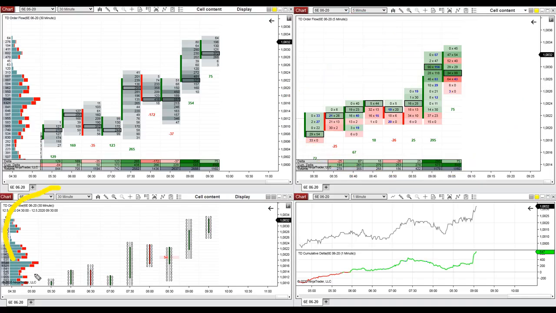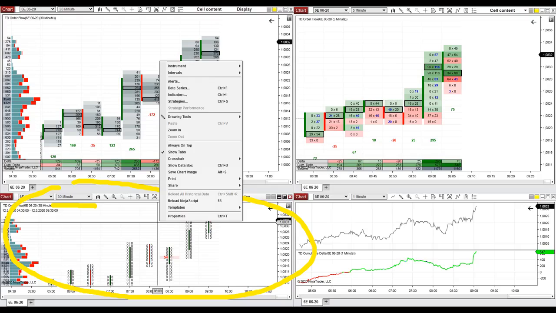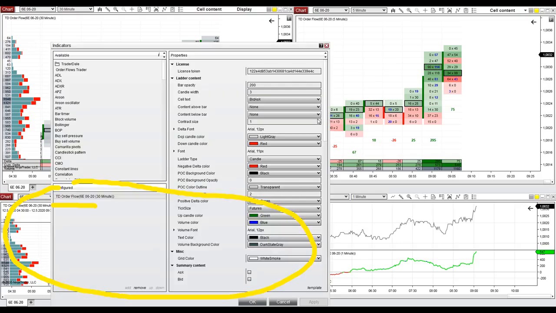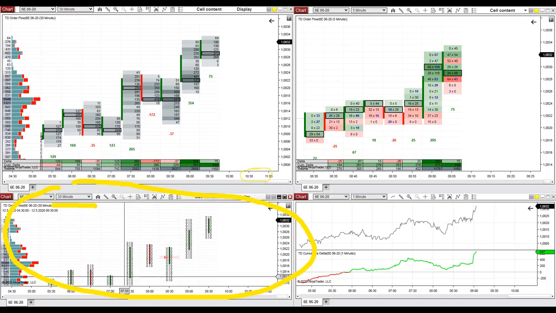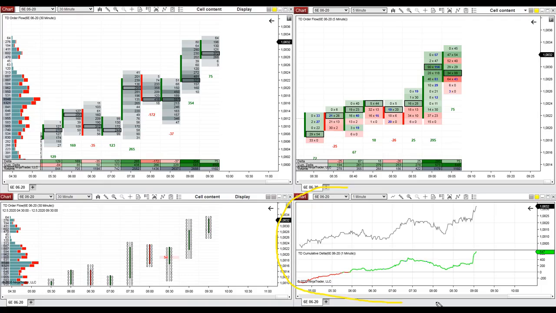Now this chart is a 30-minute chart, and in here I use the trades filter, so it only shows orders which are bigger than 25. You can see it in here. This is where I see the big guys entering the markets. And in here this is a 1-minute chart with 1-minute cumulative delta.